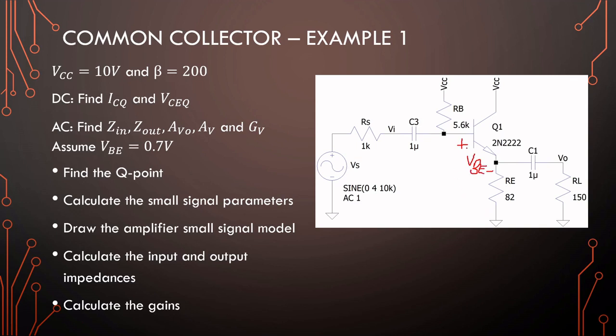But if we are only viewing AC, the DC disappears. So these 2 points will be exactly the same. So the input and the output is the same. So AV0 should be equal to 1 for a common collector amplifier. Okay, so the purpose of a common collector amplifier is to supply current to a smaller load. So this is a driver circuit or output stage of some sort.